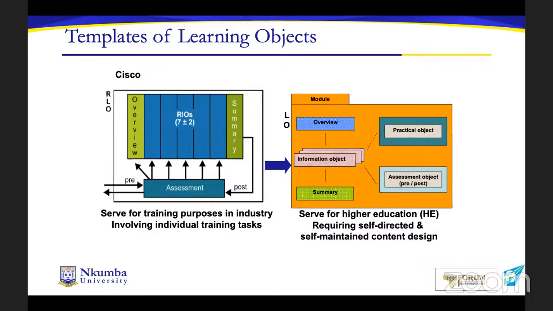This particular format looks at this as the module itself, the language we use in the higher institutions. It has an overview, which is here. It has information objects, which are the topics. It has a summary for it.